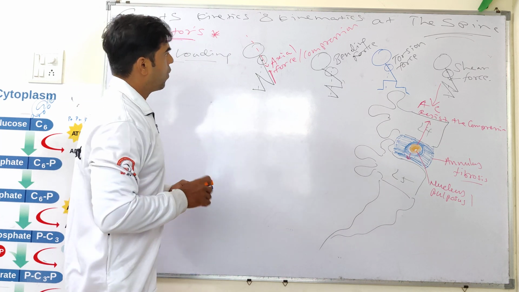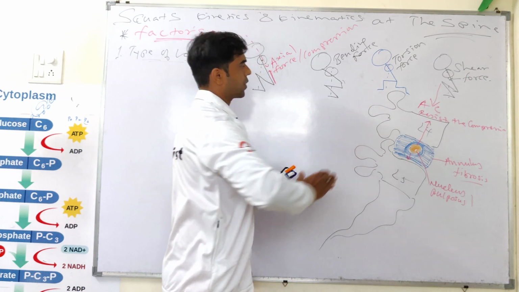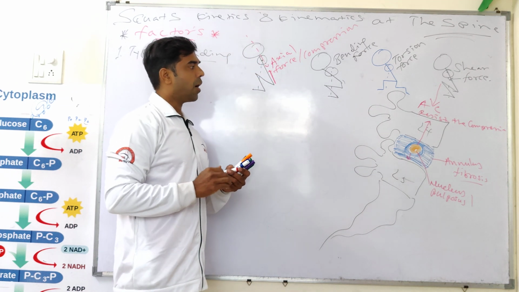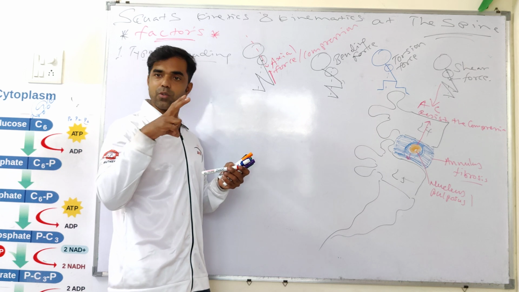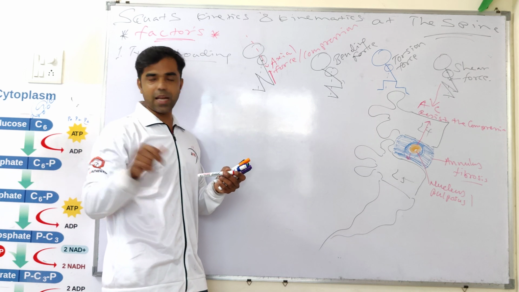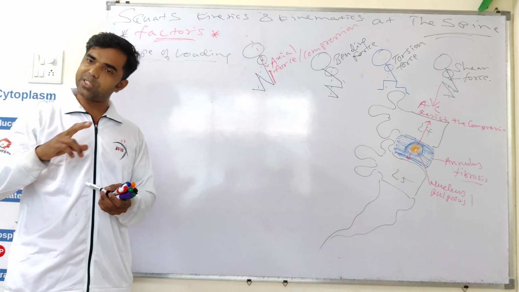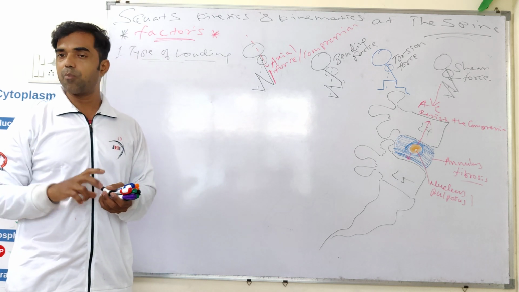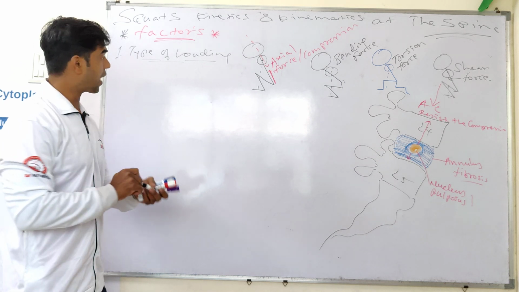Then there are bending forces or there are torsion forces. Now what happens in bending forces? There is excessive flexion at the lumbar, right? So any excessive flexion or any excessive extension from the neutral spine may build compressive forces, right?